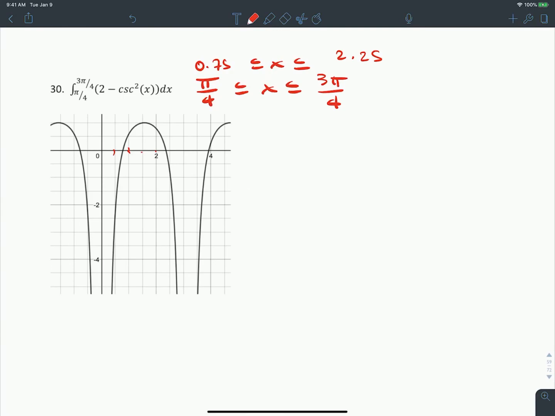So let's see where that would be now. It looks like here this is 1. This is 0.5, 1, 1.5, and this might be something over here. Maybe it's over here. We'll see.